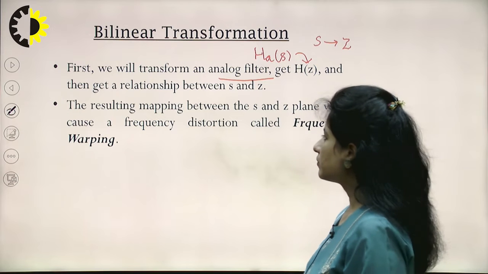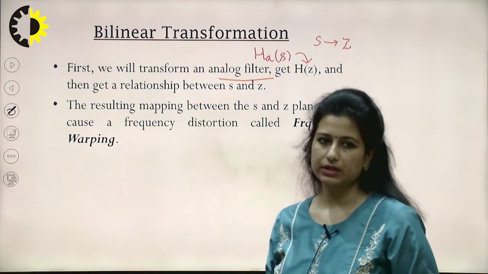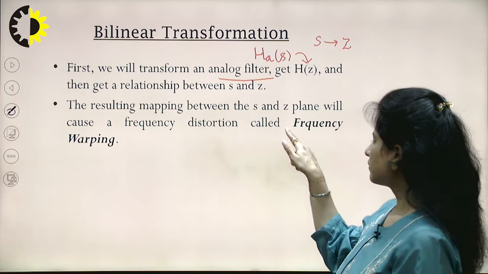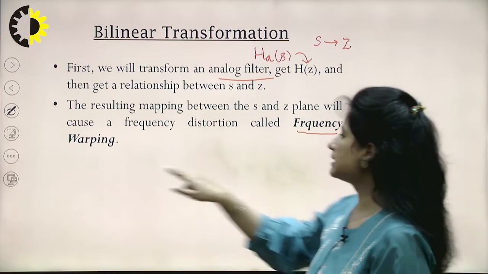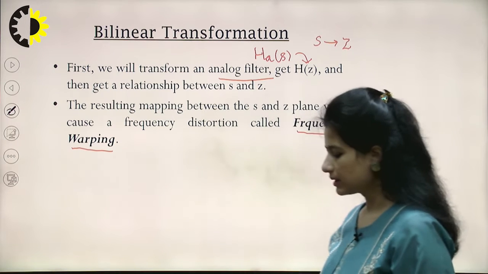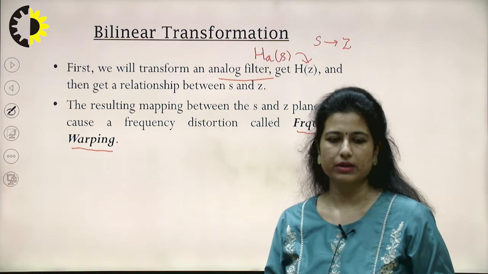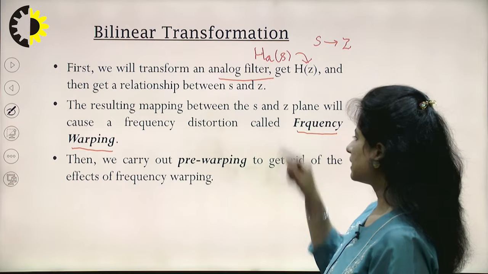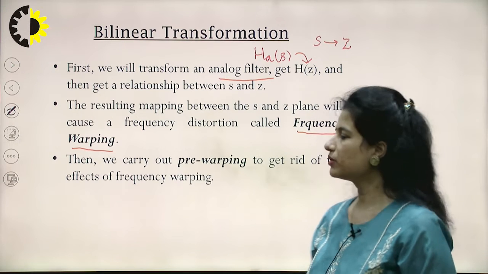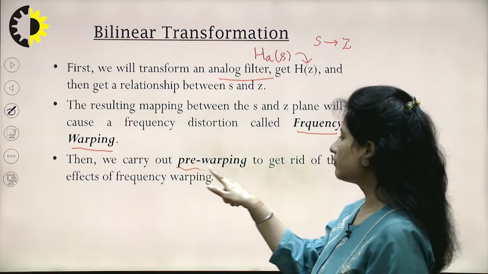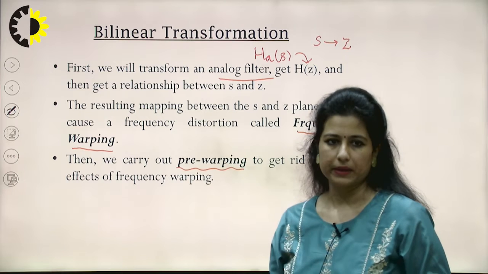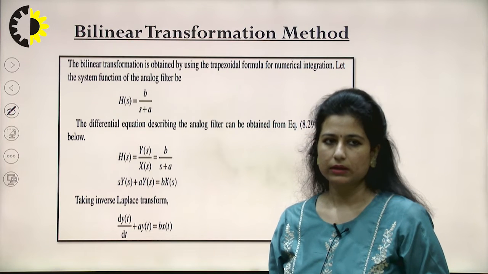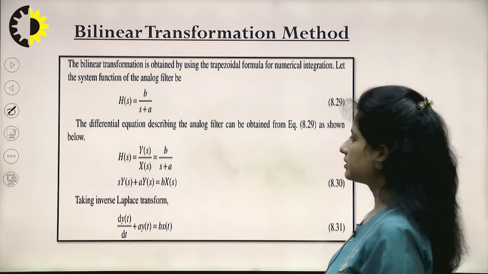But again, we would have a certain limitation for this method as well, which is known as frequency warping. We'll be discussing this limitation once we cover this transformation method. And then we'll also see that this limitation, frequency warping, can be removed with another method called pre-warping.